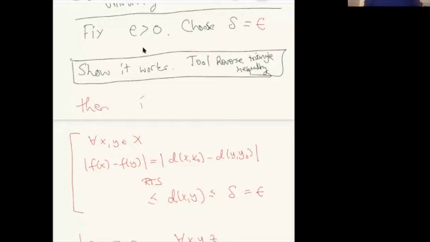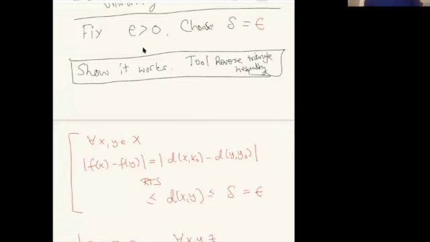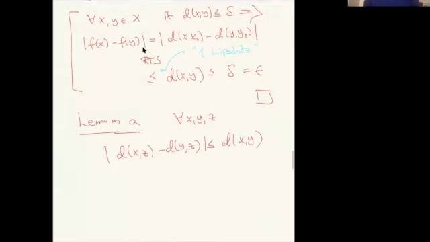Then, for any x, y in X, if the distance from x to y is less than or equal to delta, then indeed the function values are within epsilon distance. Such a function, by the way, has a special name. It's sometimes called 1-Lipschitz, but we don't need to talk about that now.